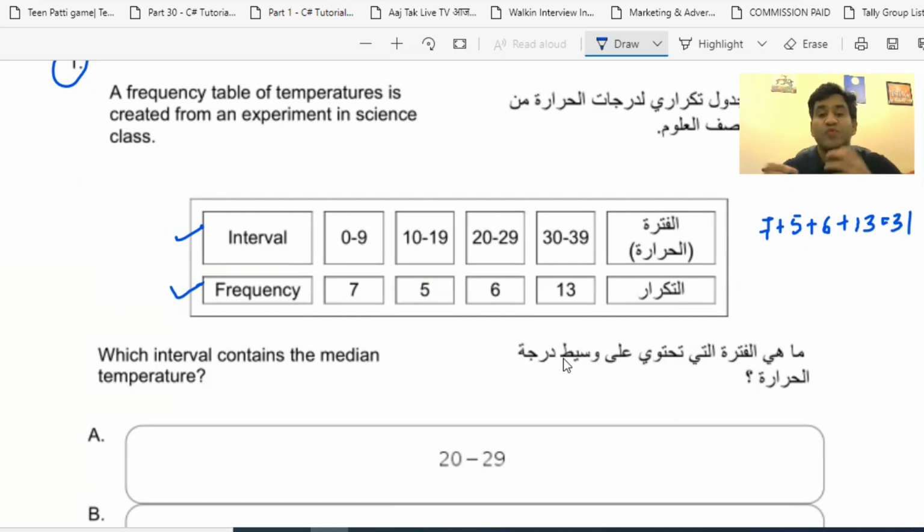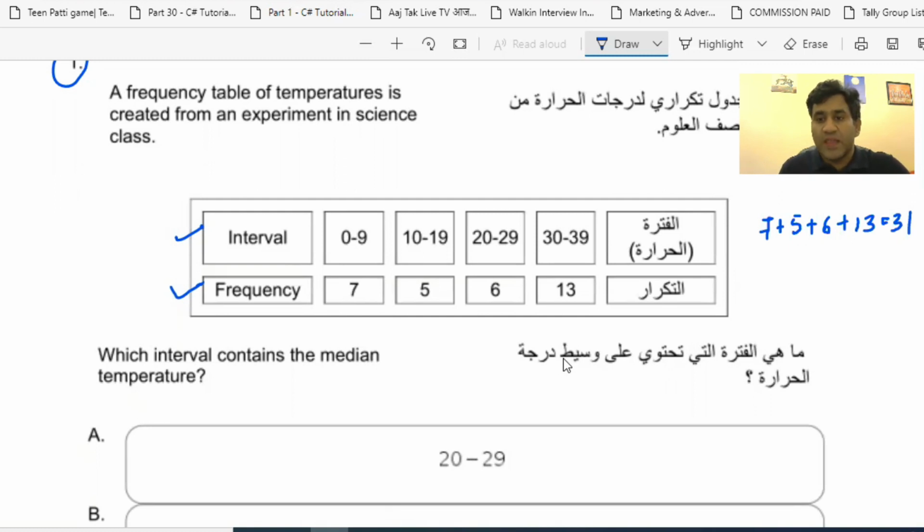The table already gives the temperature in ranges: 0 to 9, 10 to 19 and so on. Median is basically finding the middle temperature. While finding the median, we need to arrange the numbers in ascending order, from smaller to bigger, and the table has already given us in this way.